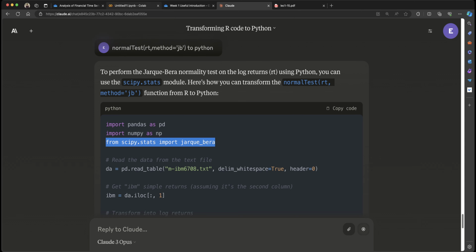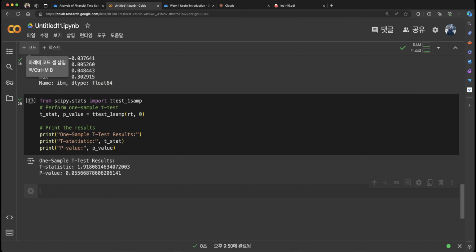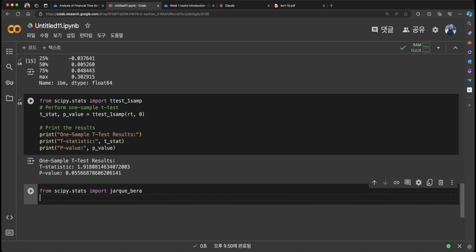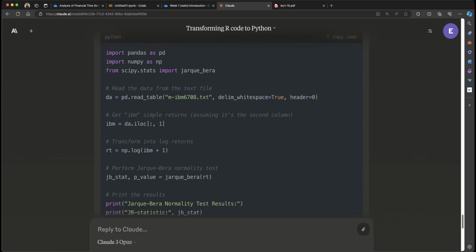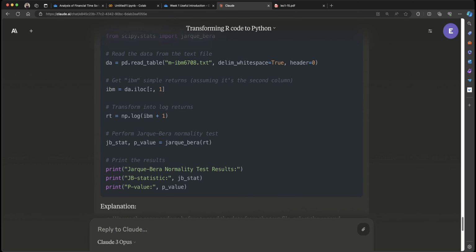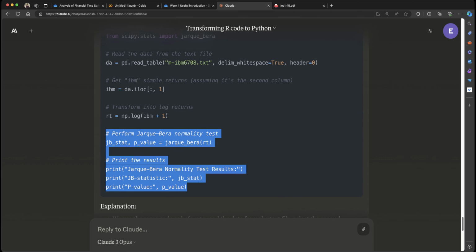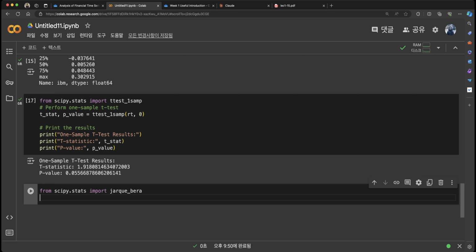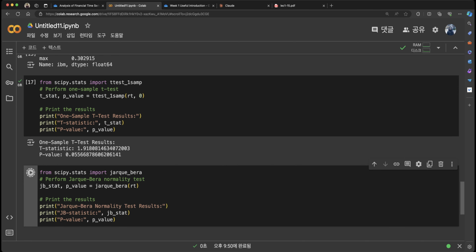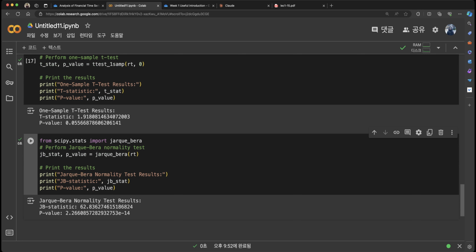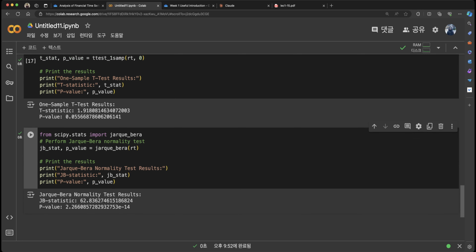Then I write the code for Jarque-Bera, go to Claude, and ask for the JB statistic and p-value, to perform the Jarque-Bera normality test. The JB statistic is this one, and the p-value is very small.